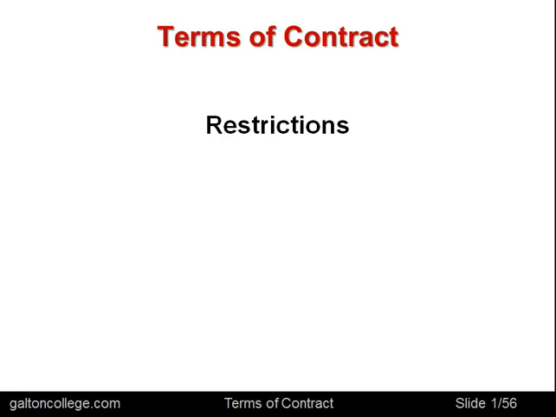Now, in this class we're going to look in particular at two pieces of enacted law which impinge upon contracts and which can help to determine the outcome from contracts, particularly in situations where there are disputes.